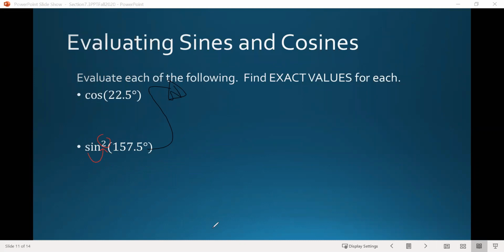And so our power reduction identity tells us we can rewrite this. Well, actually, before we do that, got my wires crossed there. Our power reduction identity says we can rewrite this as 1 minus the cosine of, and if we think of the 157.5 as being our A, the power reduction identity says we do the cosine of 2 times A, so 2 times 157.5 degrees.